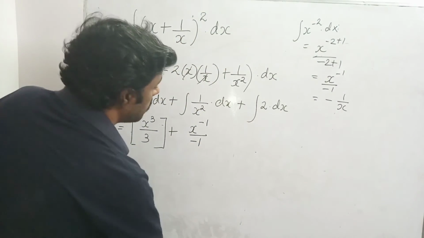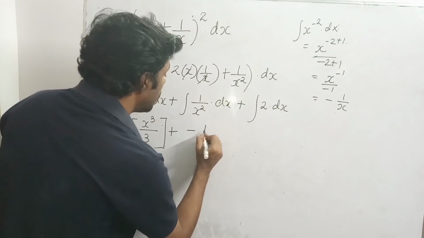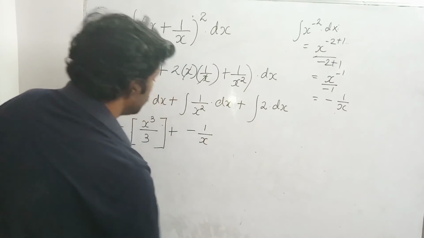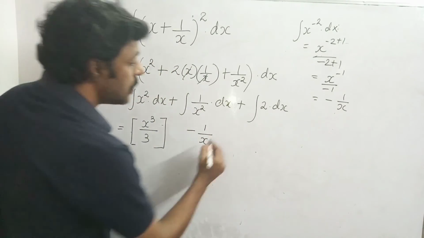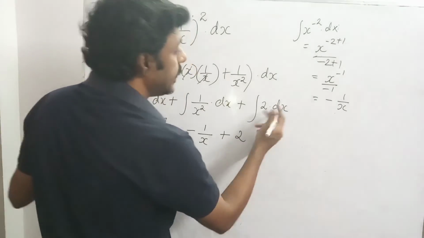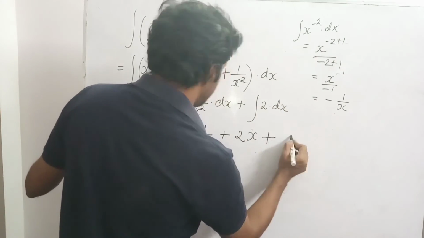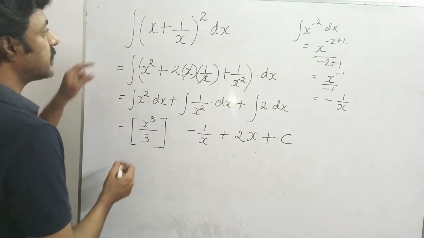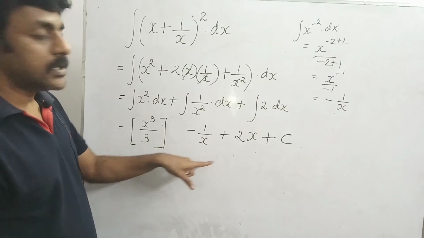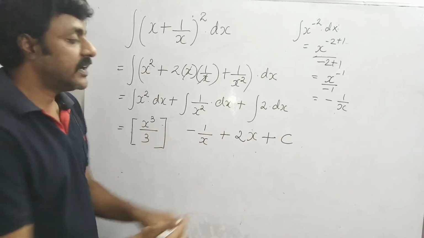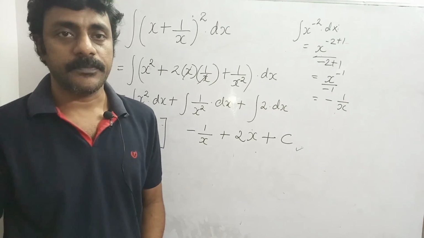So I'll replace it with minus 1 by x. Plus 2 into the integral of dx, which is nothing but x plus c. Therefore, the result of this one will be x cubed by 3 minus 1 by x plus 2x plus c, where c is the constant of integration.